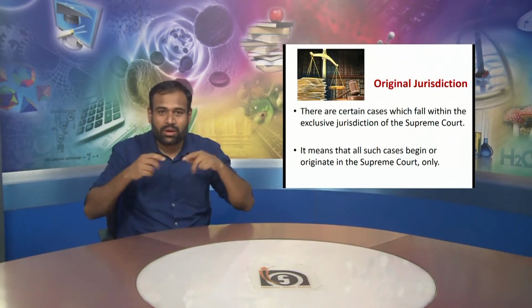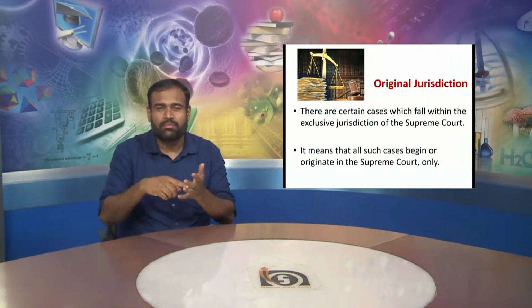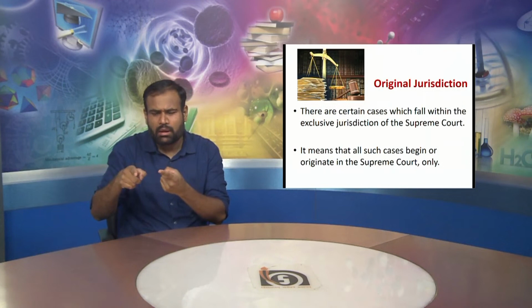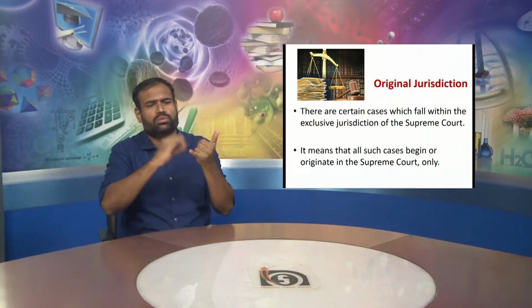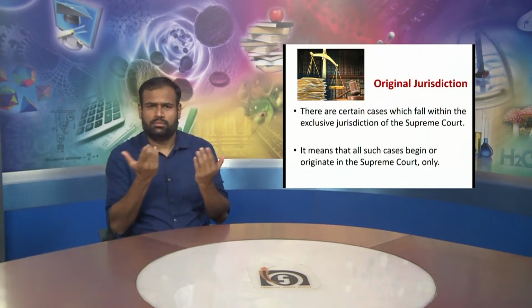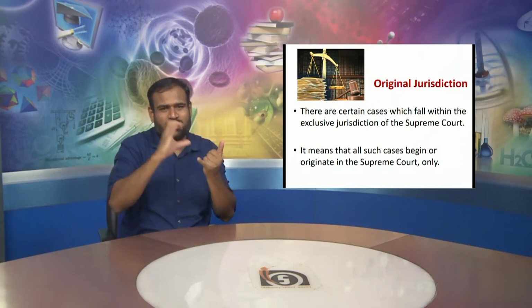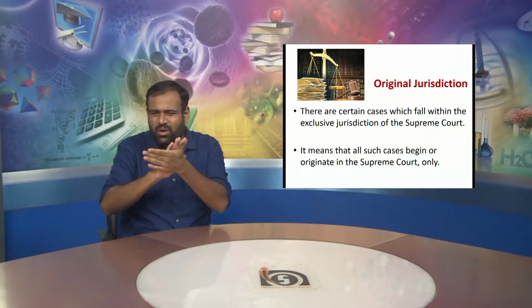Original jurisdiction. There are certain cases which fall within the exclusive jurisdiction of the Supreme Court. It means that all such cases begin or originate in the Supreme Court only.